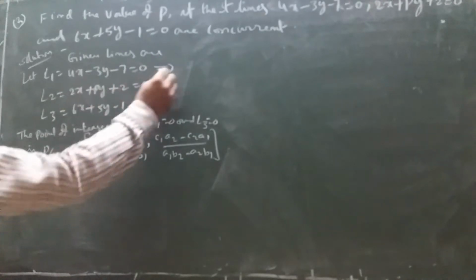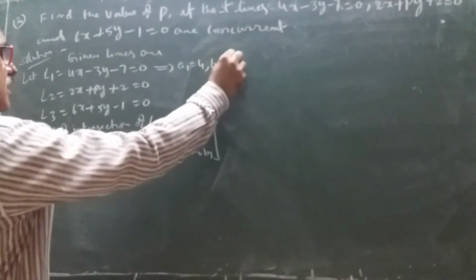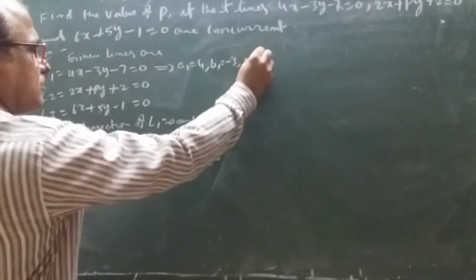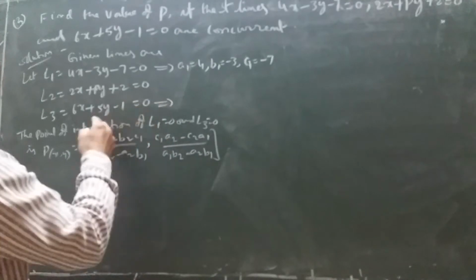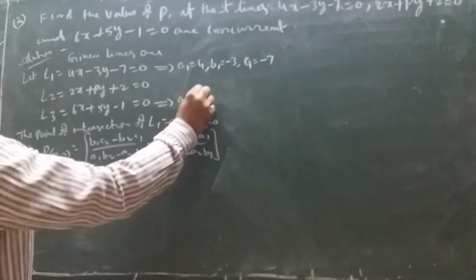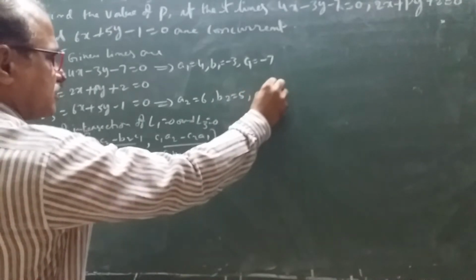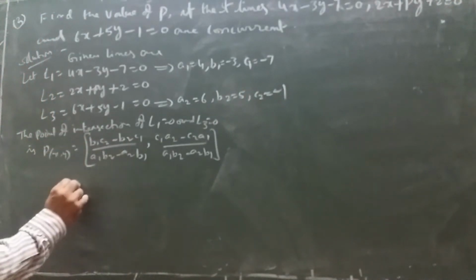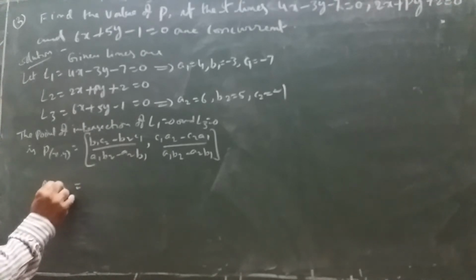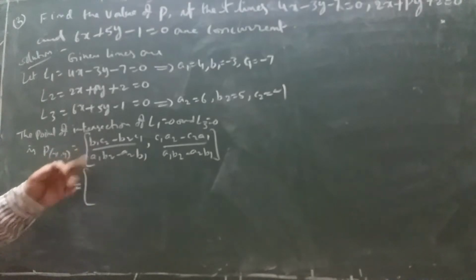Let me see. Put the values: A1 is equal to 4, B1 is equal to minus 3, C1 is equal to minus 7. A2 is equal to 6, B2 is equal to 5, C2 is equal to minus 1. By substituting those values in the formula, P(x, y) may be obtained. What is B1?